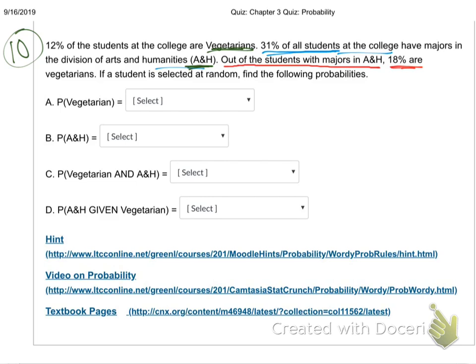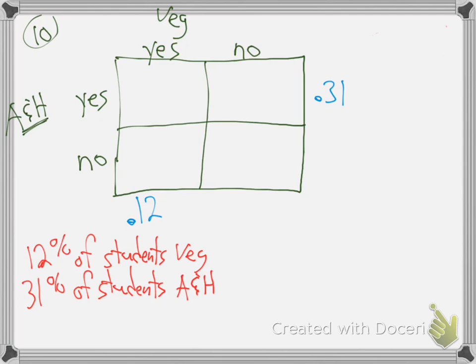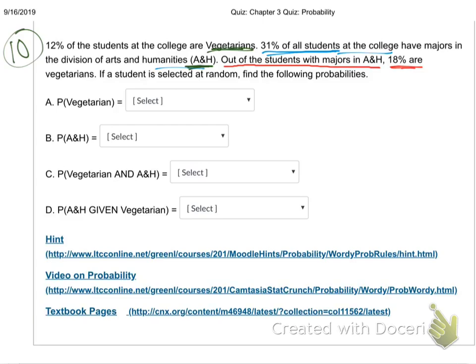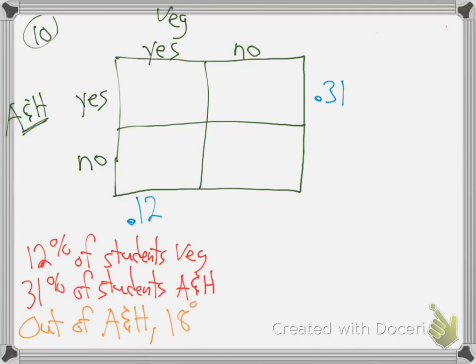But here comes the curveball. They're doing something different. Out of the arts and humanities people, out of that group, not out of all students, but just out of that group, 18% are vegetarians.